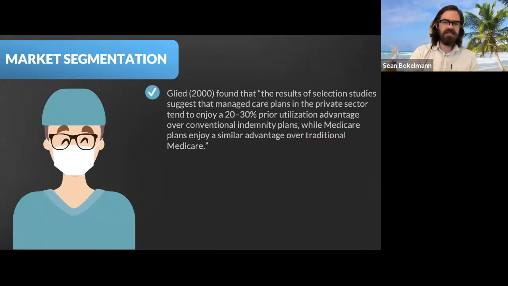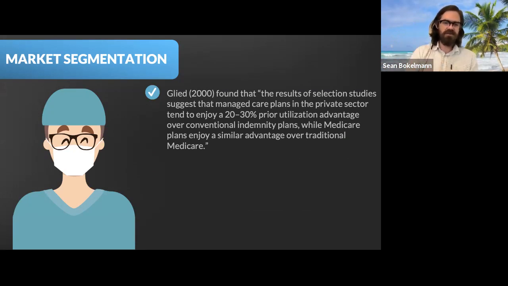So the evidence on this comes from Glied, and what did they find? They found that managed care plans in private sectors tend to enjoy a 20 to 30% utilization advantage over conventional indemnity plans, while Medicare plans enjoy a similar advantage over traditional Medicare.